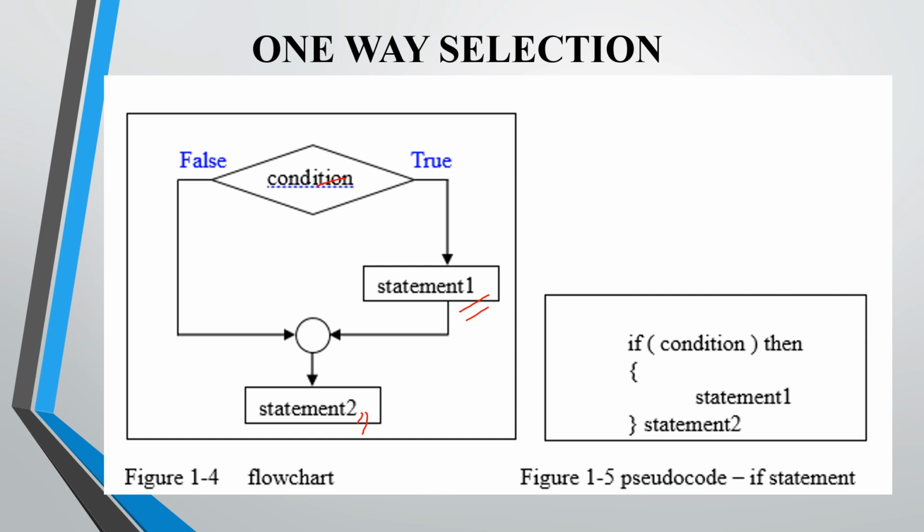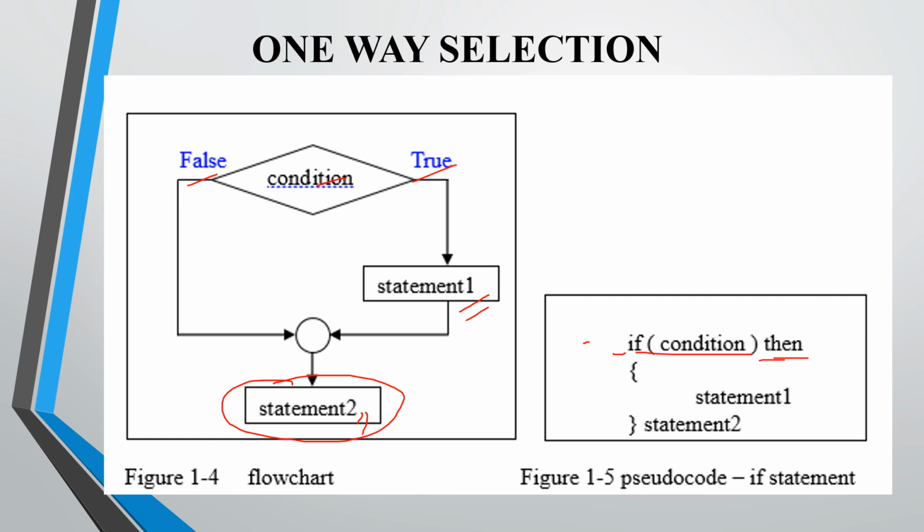So whether true or false, it will perform statement 2. Hindi siya katulad ng two-way selection. Ibig sabihin, sa true condition, it will add additional statement. In that case, we have only one if condition, then.